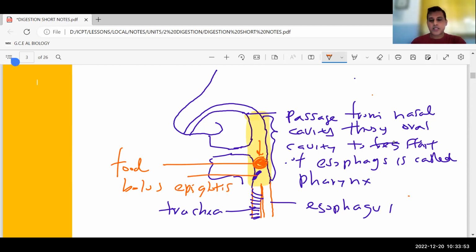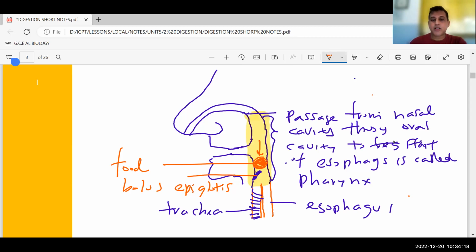The epiglottis closes when food is passing through the pharynx. So this doesn't cause food to enter into the trachea. Otherwise, the airway is blocked by the food.